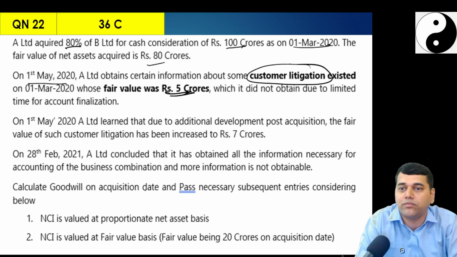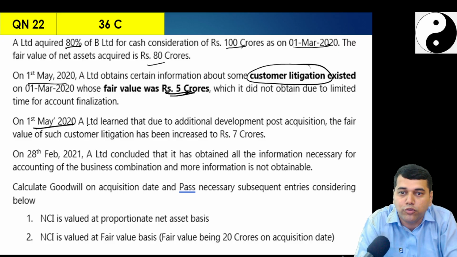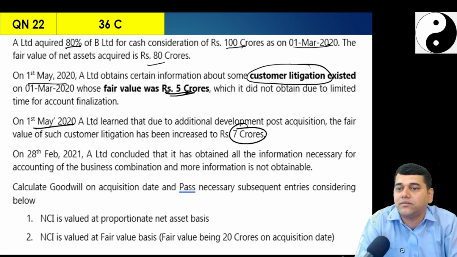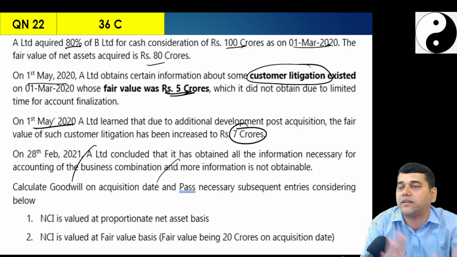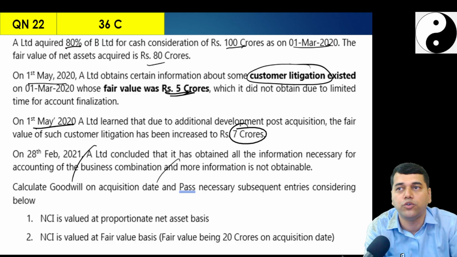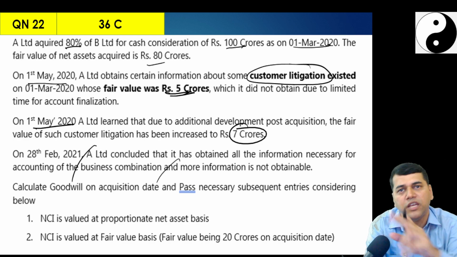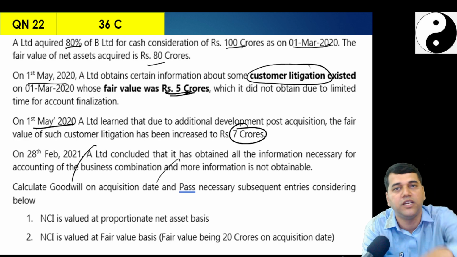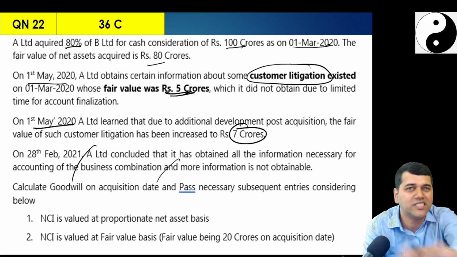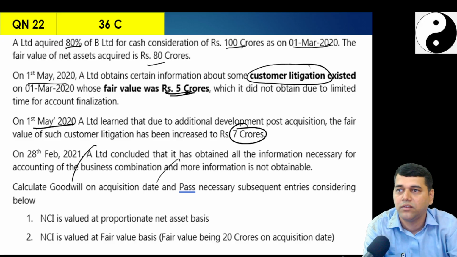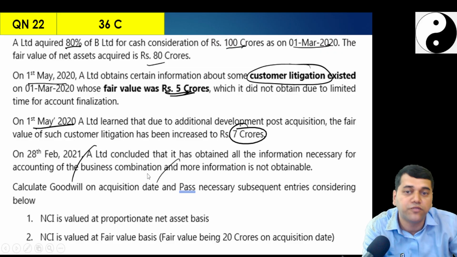Today you come to know, and the day you come to know, its value is 7 crores. And you decided that everything has been done. Now students, can you pause the video and pass the journal entries for this? If you want, you can also pause the video and pass the journal entries for the previous one. It's just journal entries, no? So you can pass the journal entries for this.